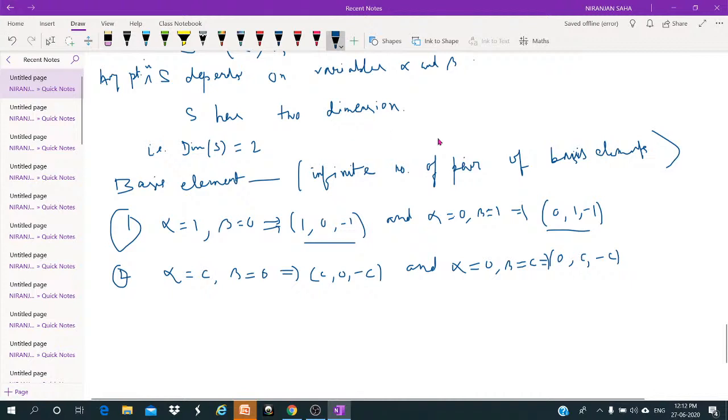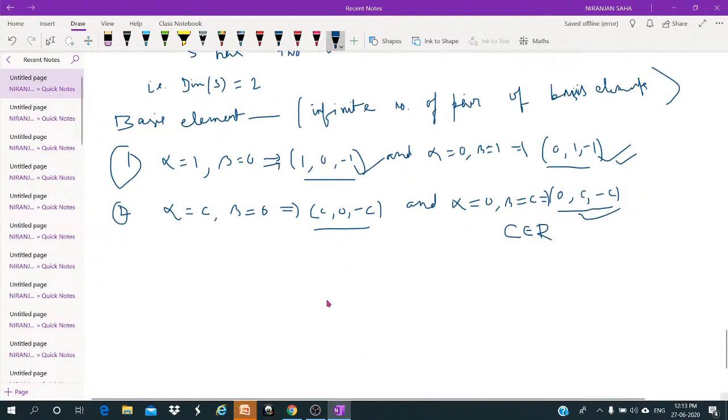We have to remember that the elements of a basis must be linearly independent. Here C belongs to R, so there are infinite pairs of basis elements.